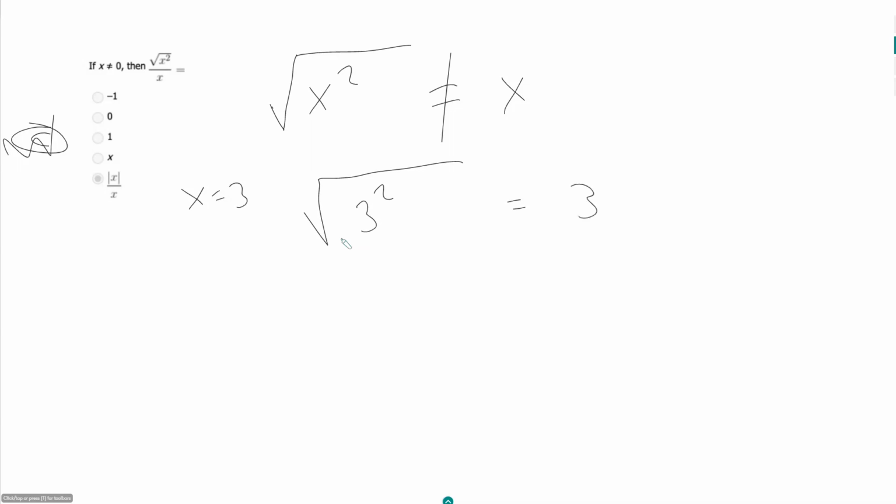So in this case, it is true. The square root of x squared is equal to x, because the square root of 3 squared is equal to 3. However, what if I were to say x is equal to negative 3? Then I would have the square root of negative 3 squared, which is also 9, and which is also equal to 3.